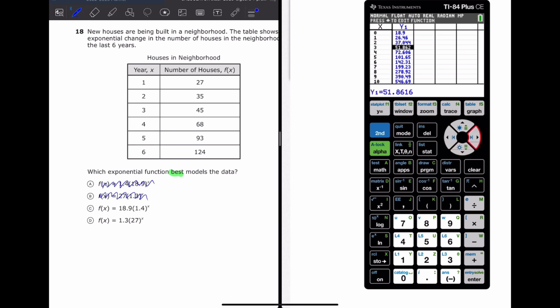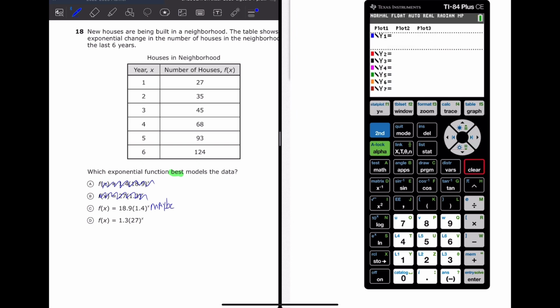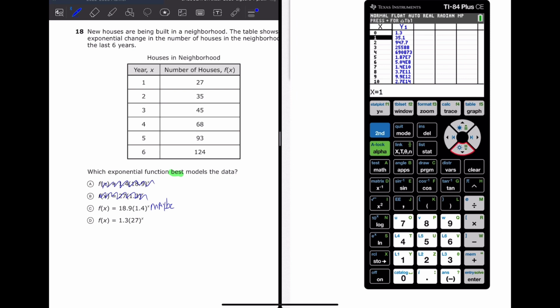Notice how I'm comparing them on the calculator. Let's go ahead and try the last one for good measure. Not even close.